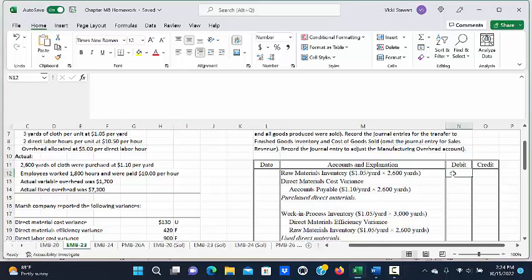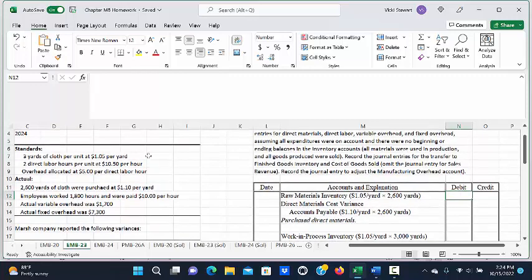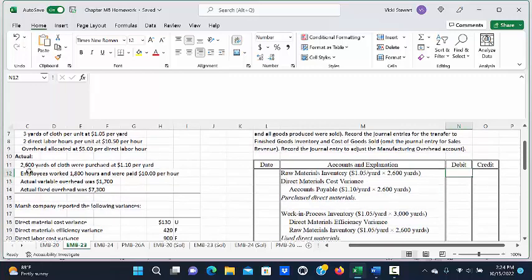So first we're going to record the purchase of the raw materials. The standard cost for raw materials was $1.05 per yard as given in the problem, and we actually purchased 2,600 yards of material. So we would debit raw materials inventory for $2,730.